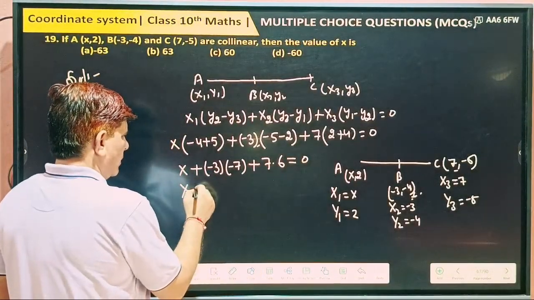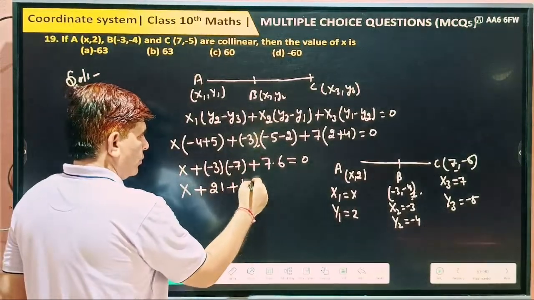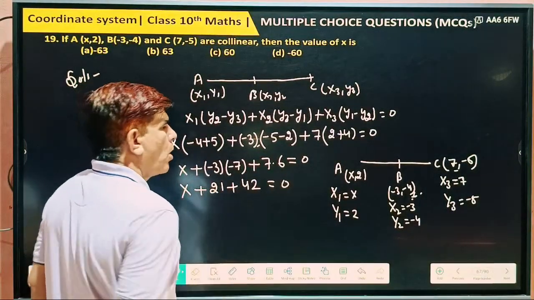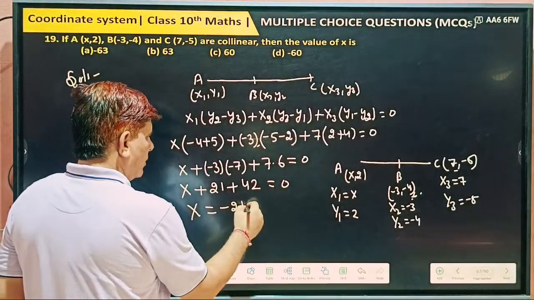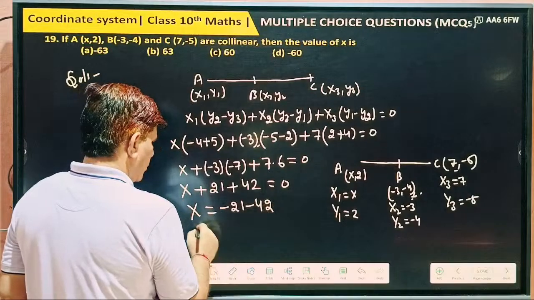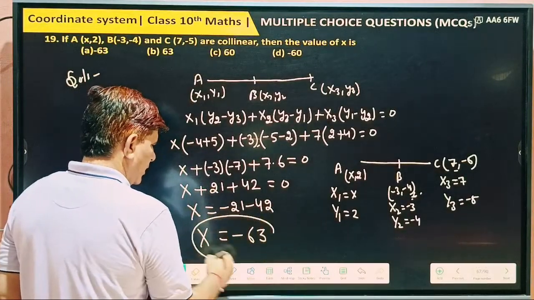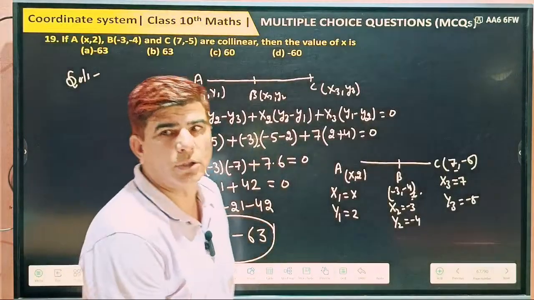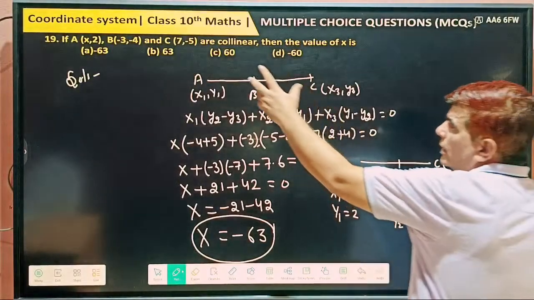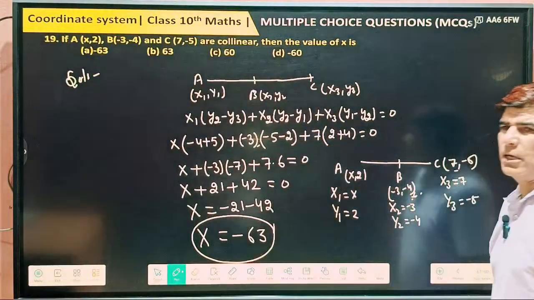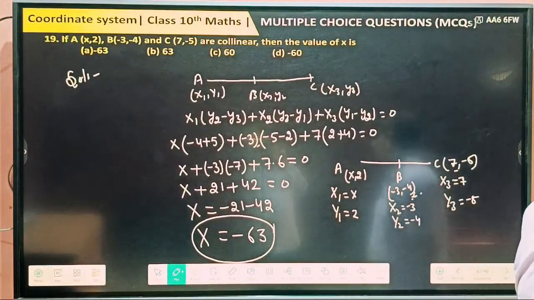So x plus 21 plus 42 equal to 0. So x is equal to -21 minus 42. So the value of x is equal to -63, which is our answer. We can solve by that method also, but it becomes difficult for us. So we can apply this.